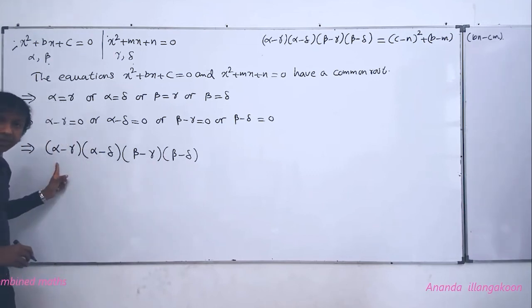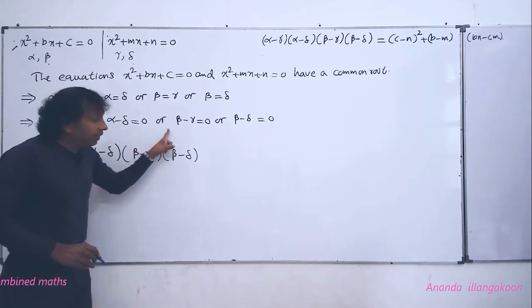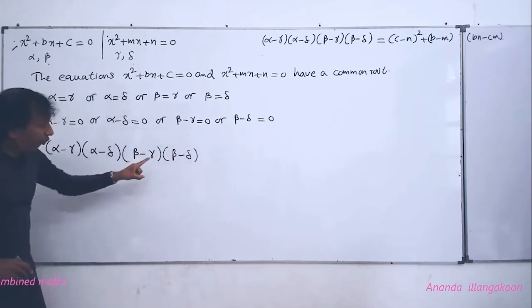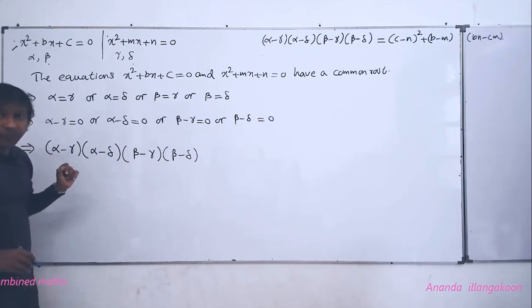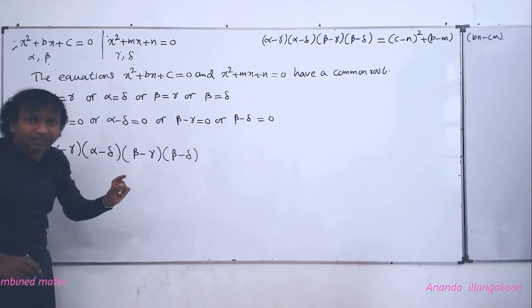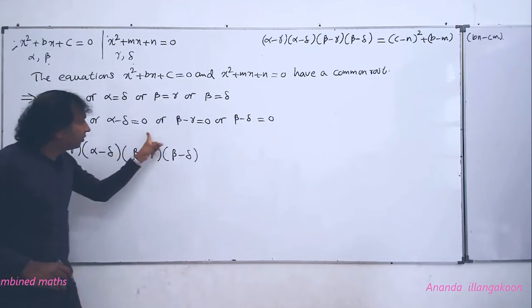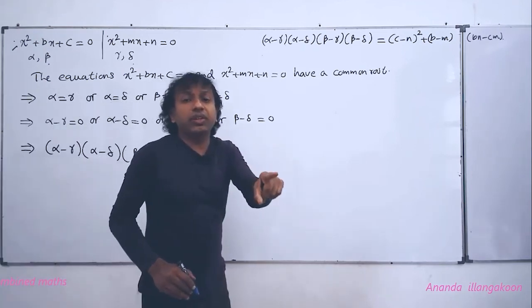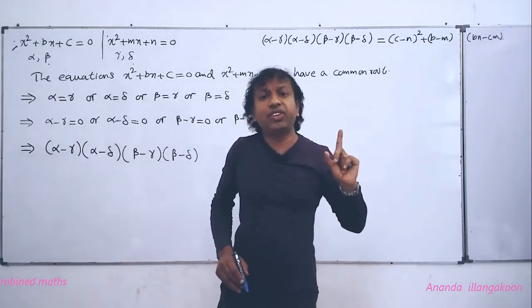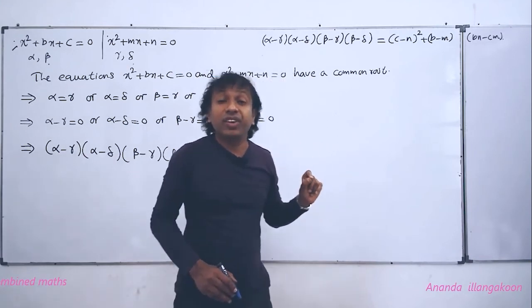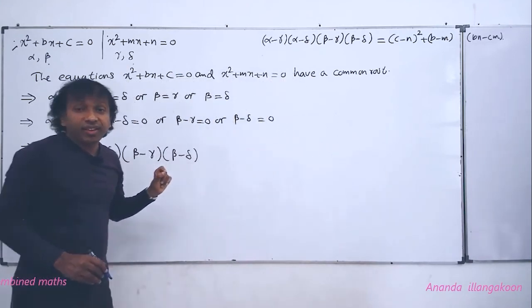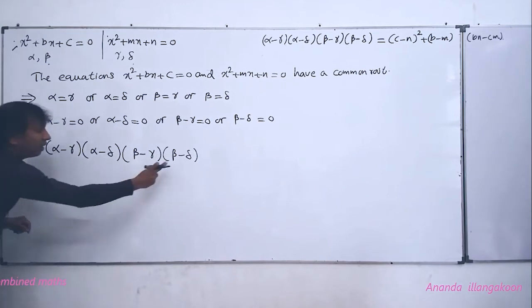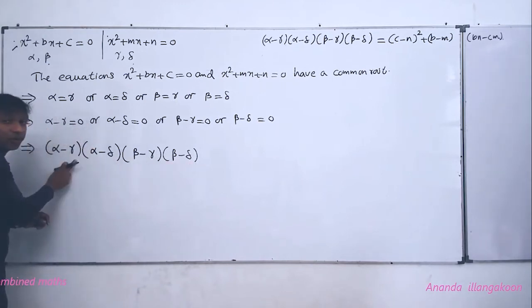Right? But this line says one of these 4. There are 4 brackets. This line says one of those 4 is definitely 0. Then, people, what can you say? Suppose the last one is 0, but the other 3 are not 0.